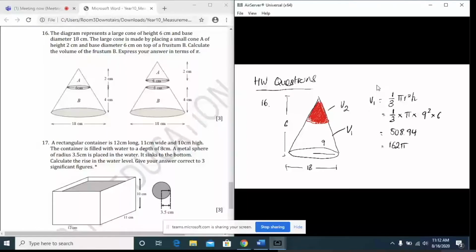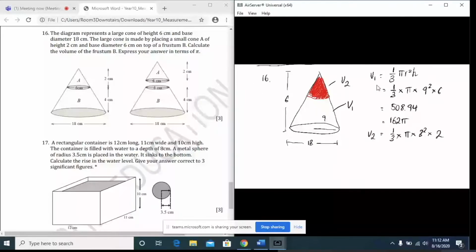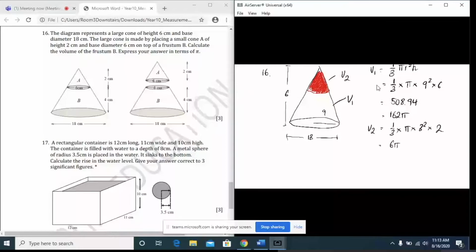Now let's have a look at volume number 2, which is going to be the small cone at the top. It's going to be a third times pi times the radius squared, which in this situation is going to equal 3, times the height, which is equal to 2. Once again, I'm just going to put it in its exact form, and what you're going to get is 6 pi. What's going to be the volume of our frustum then?